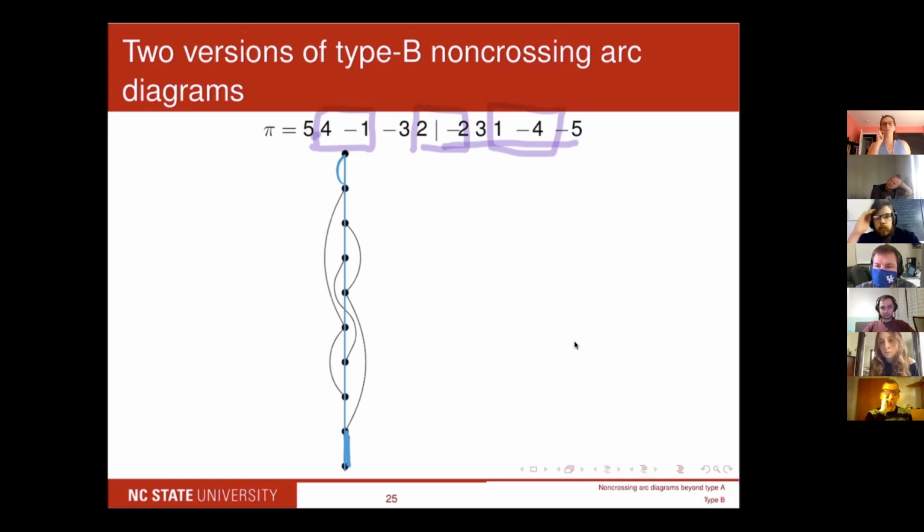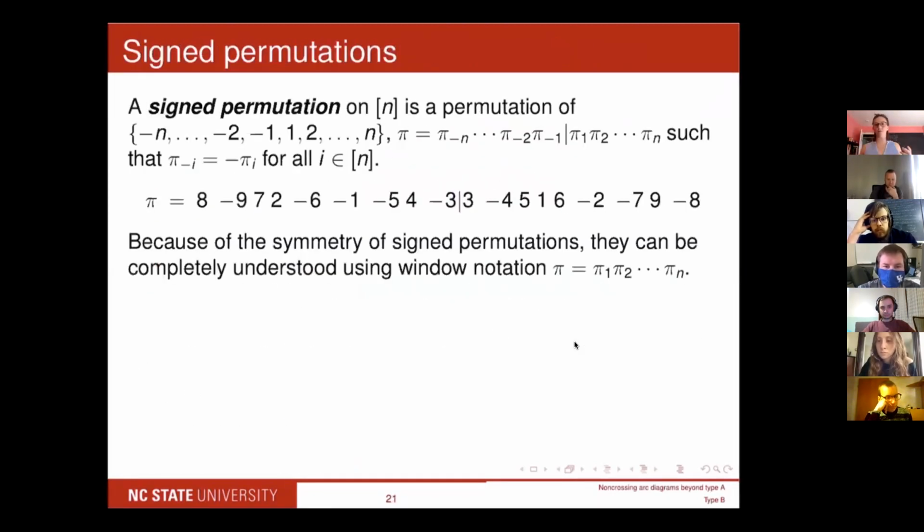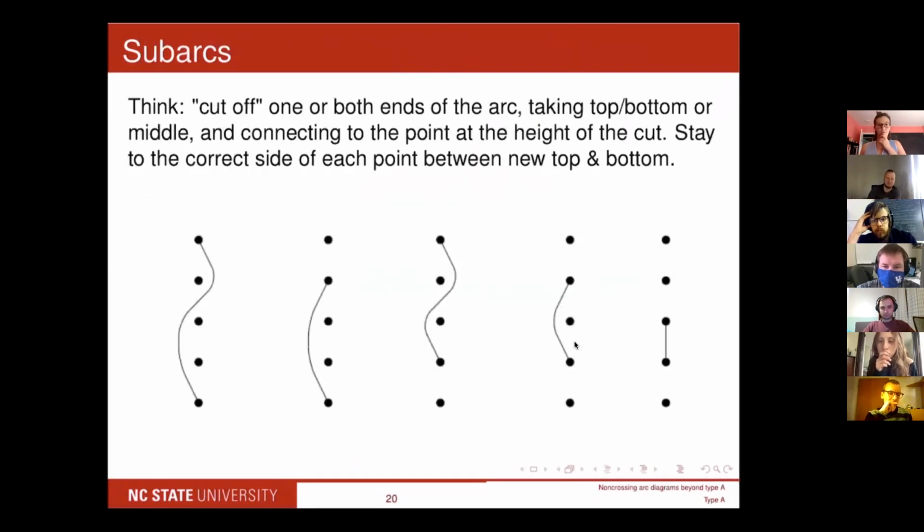So there's something called the forcing order. Turns out this idea of some things being subarcs of other things gives us what's called a forcing order. And it turns out the forcing order is really useful. So this little arc forces the 2 to 4 arc, the 2 to 4 arc forces a 1 to 4, and then this forces, and so it gives us a graded poset in type A, and in type B it gives us 2 graded posets.